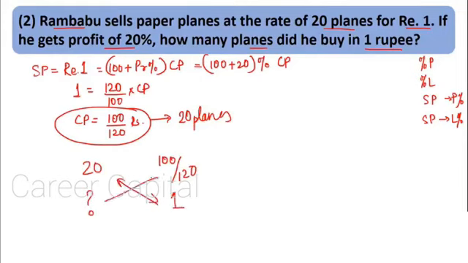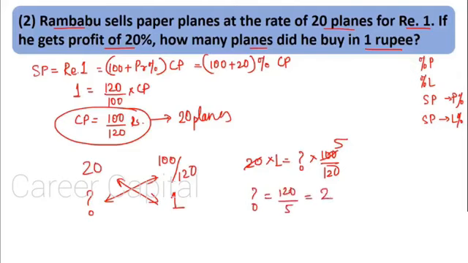Simply cross multiply. 20 into 1 equals question mark into 100 upon 120. The question mark comes out to be 120 divided by 5, that is 5 twos are 10, 20, 24. So 24 planes can be bought in 1 rupee.